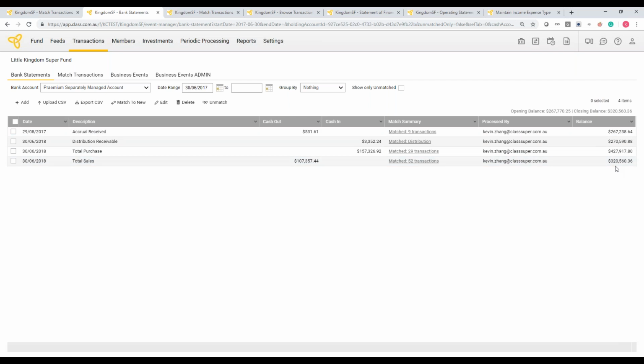It's currently at 320,560.36. Now, in the handout, there's an investment valuation report, and on page 3 of the portfolio valuation report, your portfolio cost or actual cost combined with cash is 357,748.38.